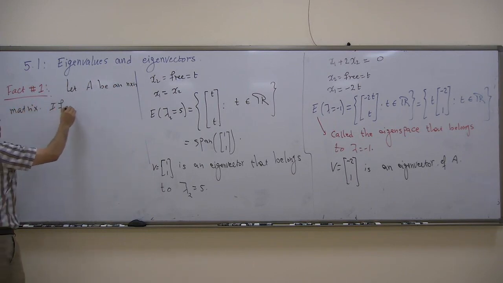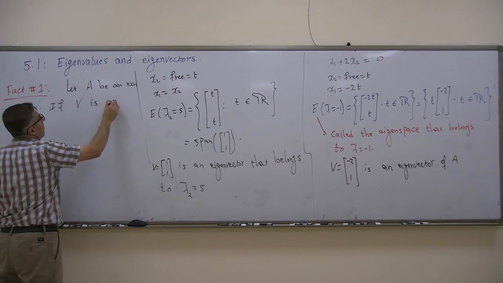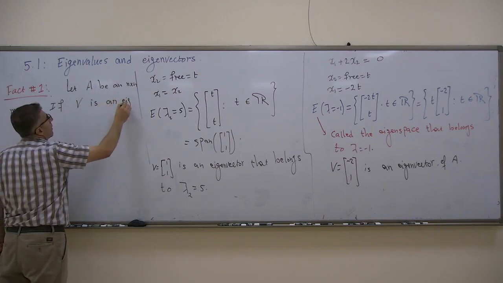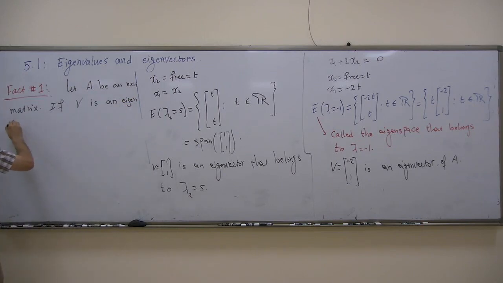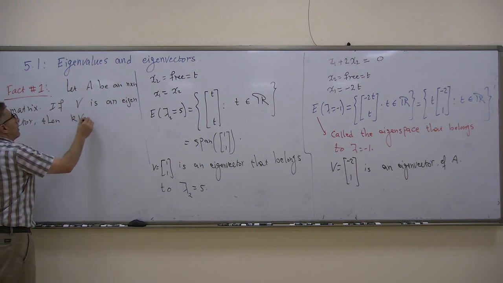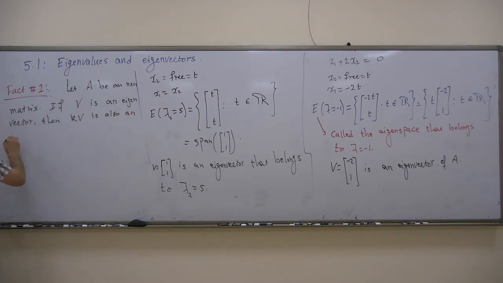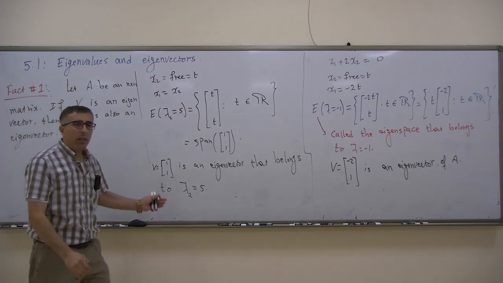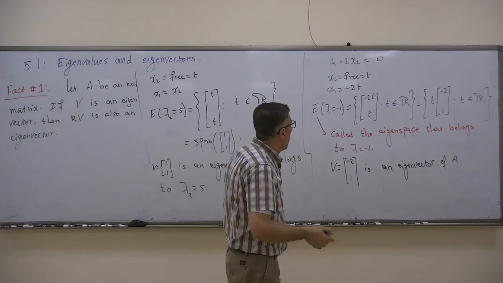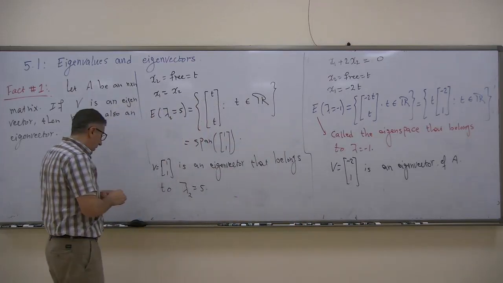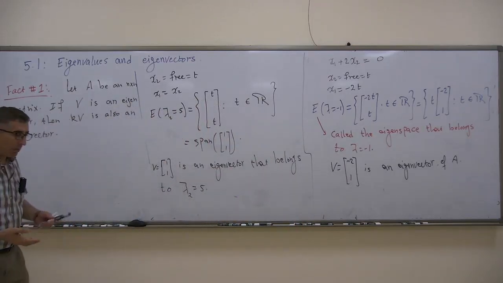If V is an eigenvector, then kV is also an eigenvector. That is very easy to observe, because when you find an eigenvector, the span of that is also in the eigenspace. So any vector in the span of your vector is going to be an eigenvector.